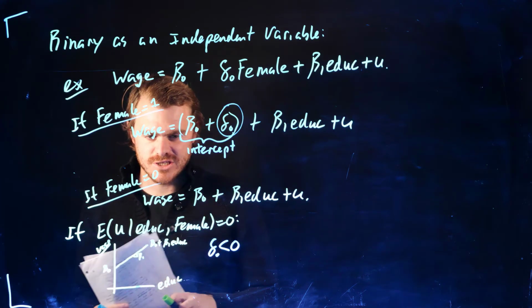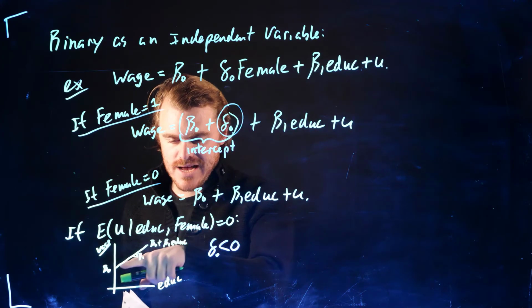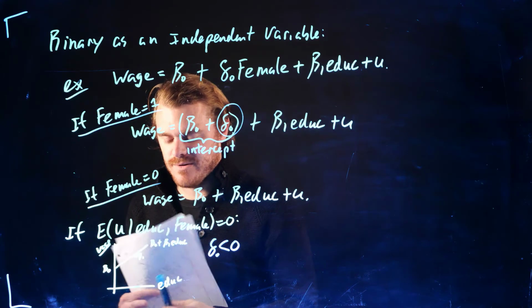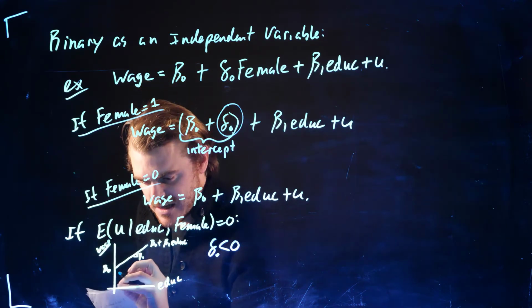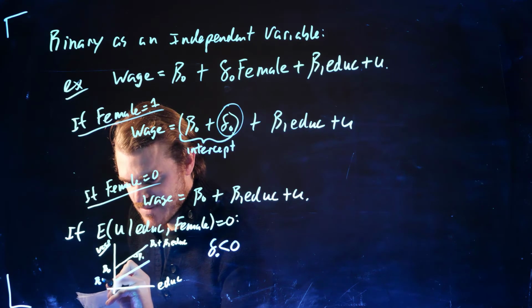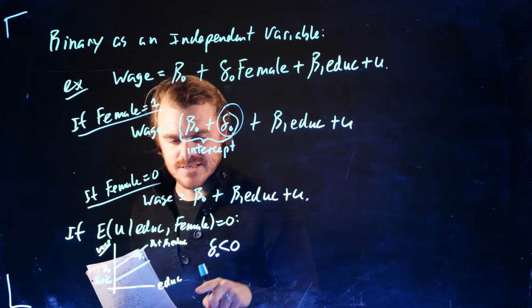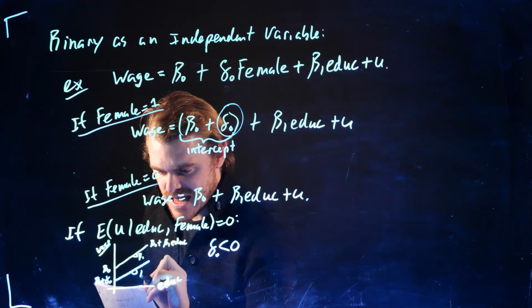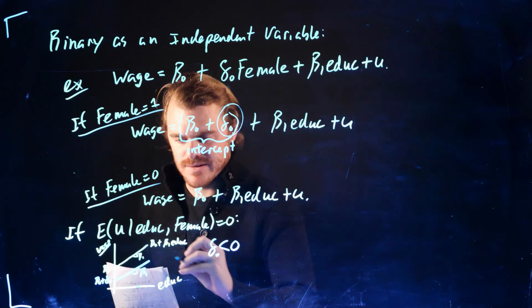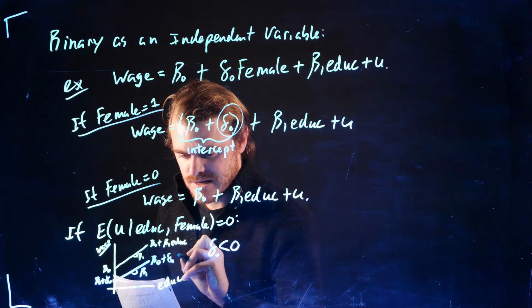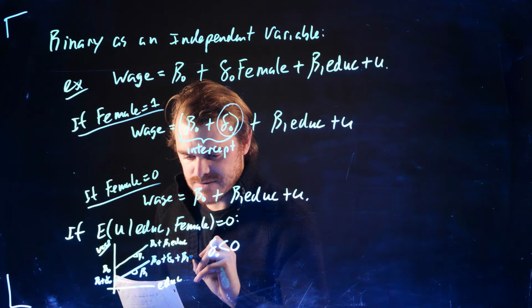That's what the regression line looks like for people who don't identify as female. Now for those who do identify as female, the intercept is beta 0 plus delta 0. The reason it's below is because delta 0 is negative, and the slope is beta 1. So this is the regression line for those who identify as female.